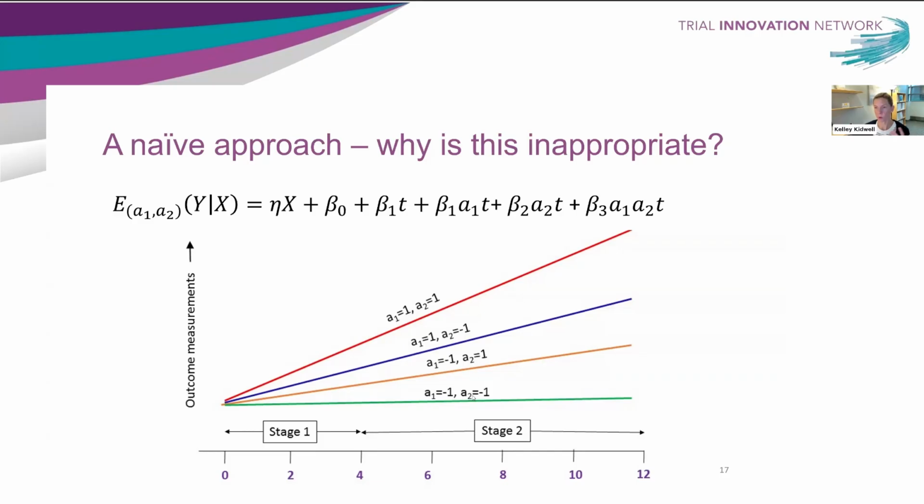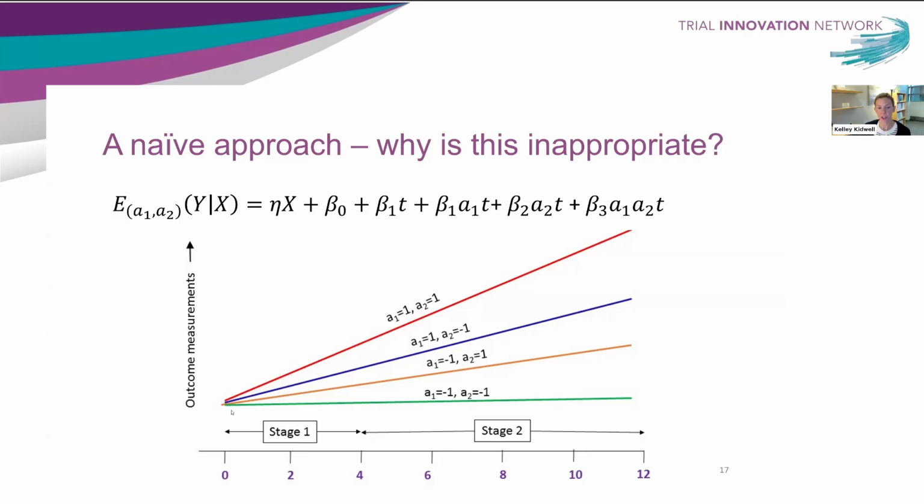And at first glance, it seems, well, yeah, you've got, say, for example, the most commonly used SMART design. They have 4 embedded DTRs. Look, I've got 4 trajectories right here. But this is an inappropriate analysis, because if you think about the SMART design, 2 of those 4 DTRs start with A1 equal to 1, and 2 start with A1 equal to, say, -1 if we use this contrast coding.